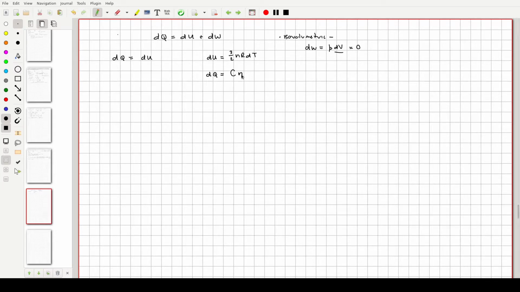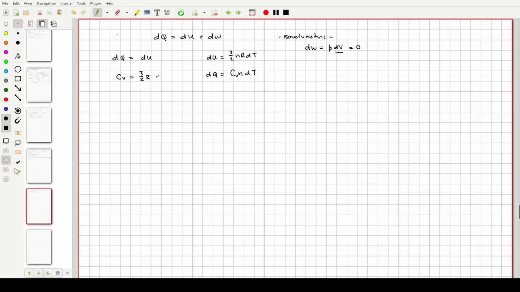It has a number of moles, it has a specific heat, and you're causing it to change its temperature. When you compare these things, noting the fact that this is held at a constant volume, it's isovolumetric, then your molar specific heat at constant volume looks like 3/2 R.